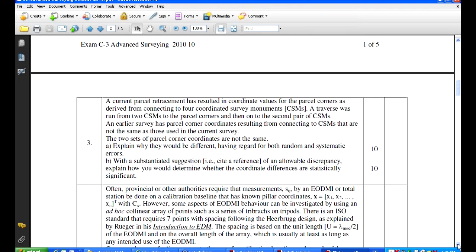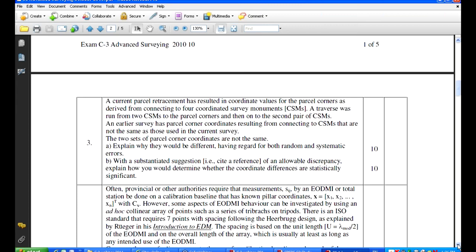And the question is, well, what causes that miscoincidence of the values? Part of it is in the uncertainty of the connections that are done by the 2 independent surveys. But on top of that is also the uncertainty between the coordinated survey markers themselves. And unfortunately, very often, we don't really know what that uncertainty is.